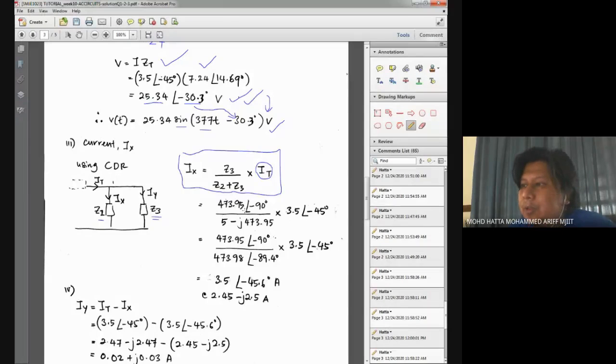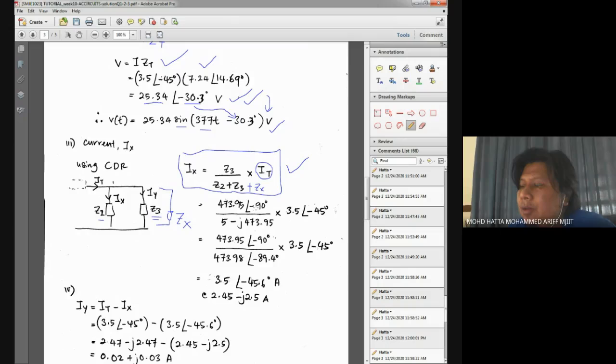So please remember that this equation only works if you have two separate branches. If you have 3 branches, for example over here, let's say this is ZX, you cannot just simply put plus ZX over here. That is wrong.